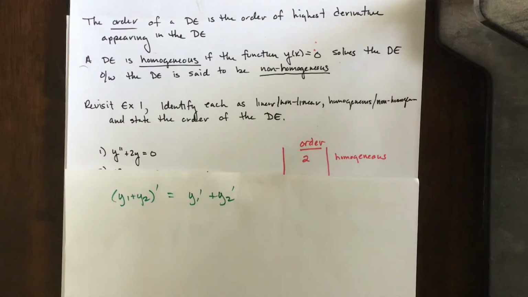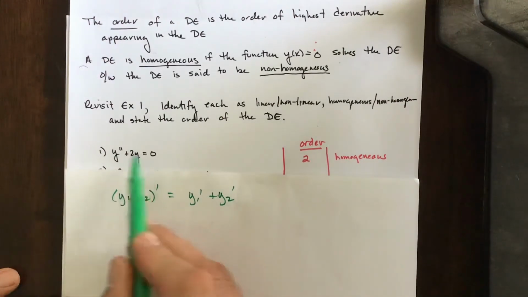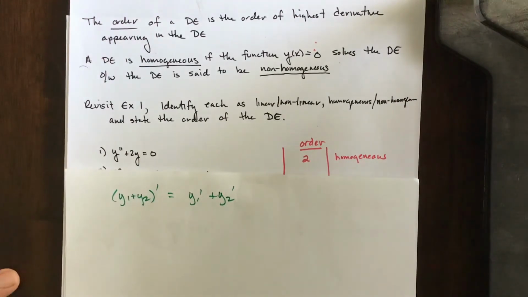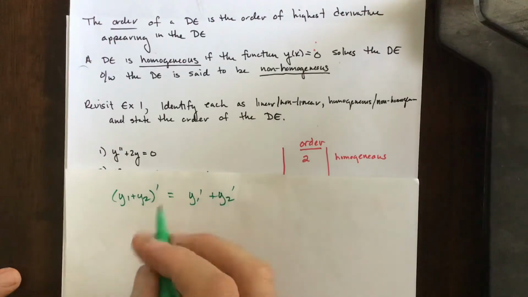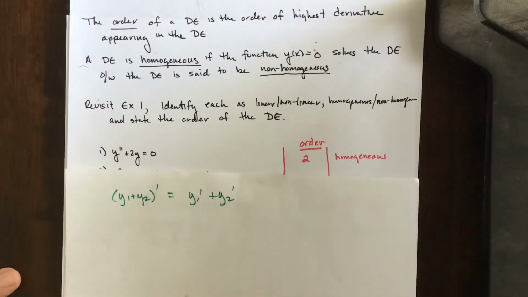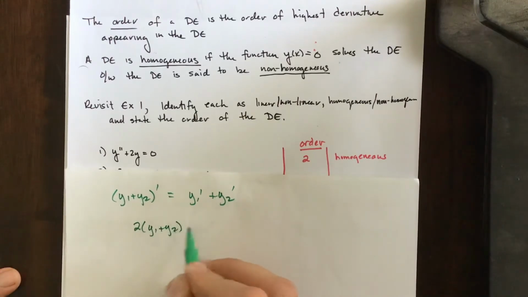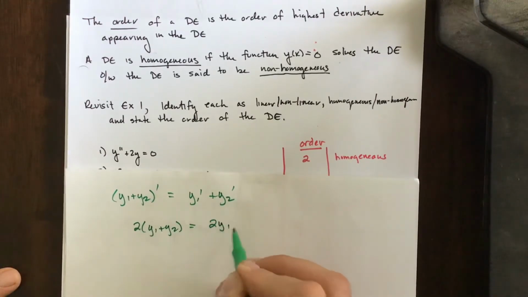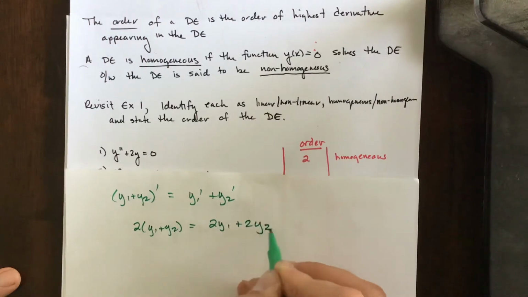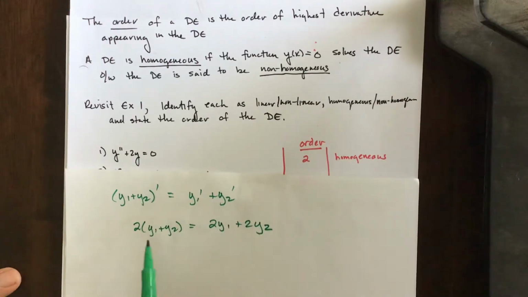What about a constant times y? Okay, is that a linear operator? So in this case, the constant is 2. If I take 2 times y1 plus y2, I get 2y1 plus 2y2. Okay, and it does have that distributive effect that we talked about earlier.